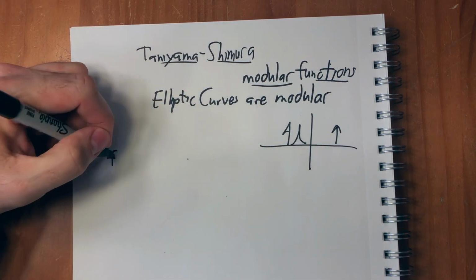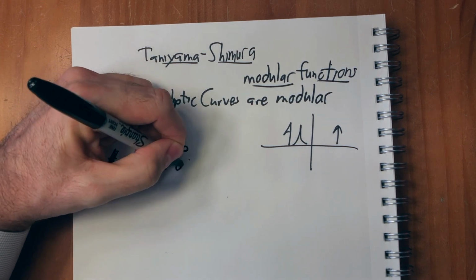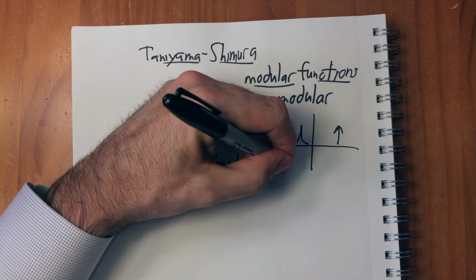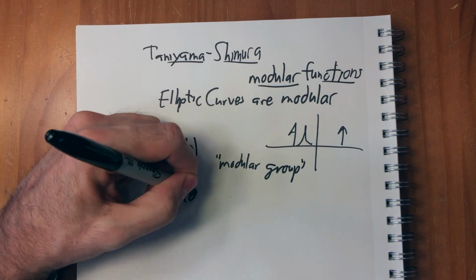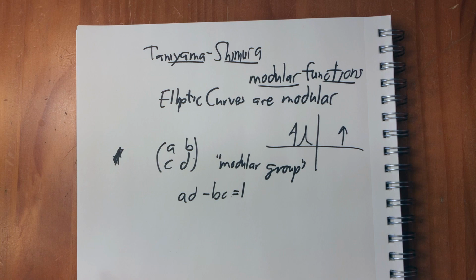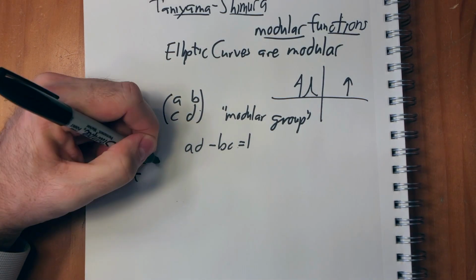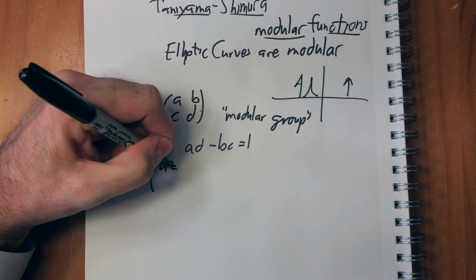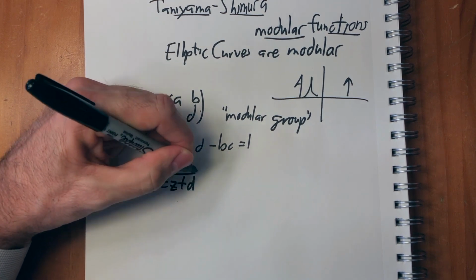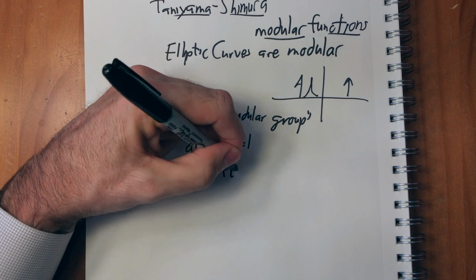And then if you take a matrix in what is called the modular group, which means that these are integers and the determinant is 1, which means that AD minus BC equals 1, okay? Then the modular function f has the property that (AZ plus B) over (CZ plus D) equals f of z.